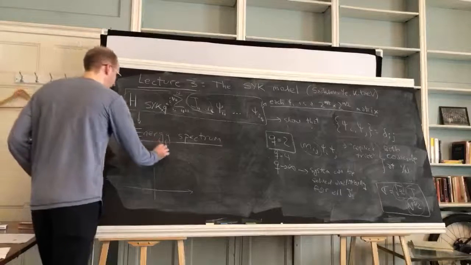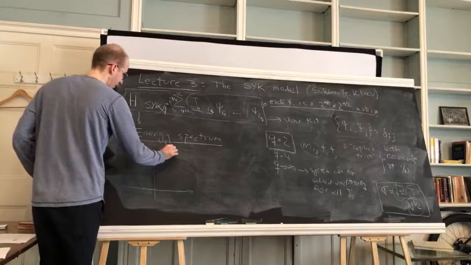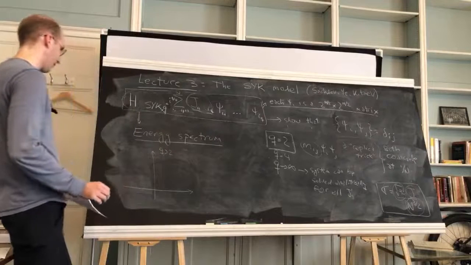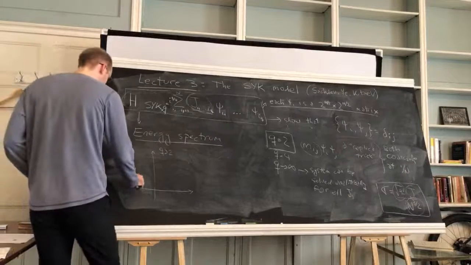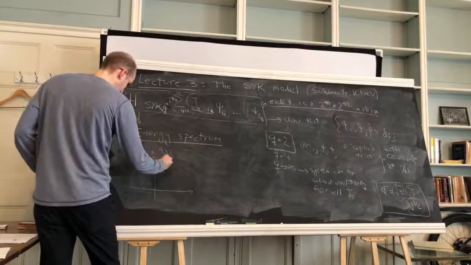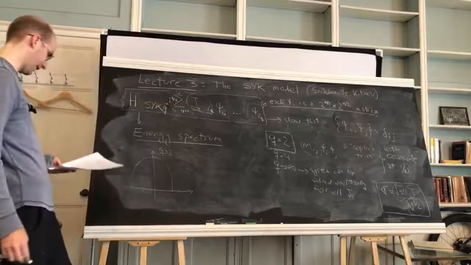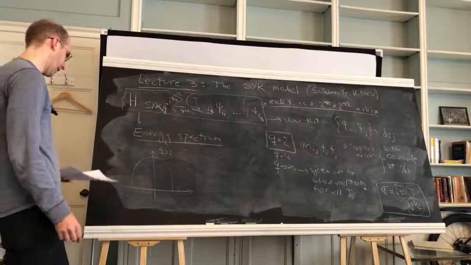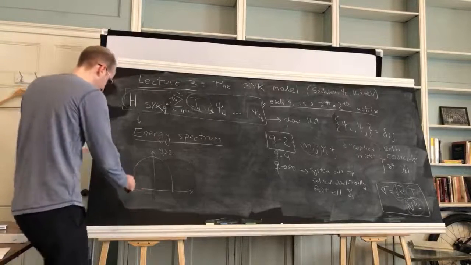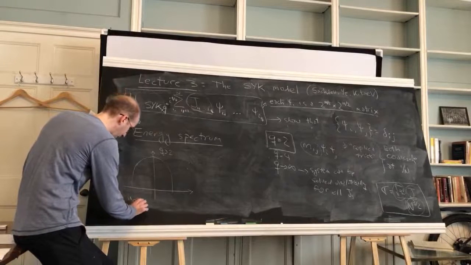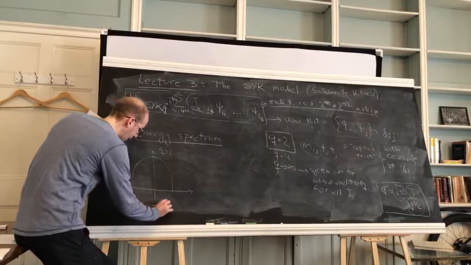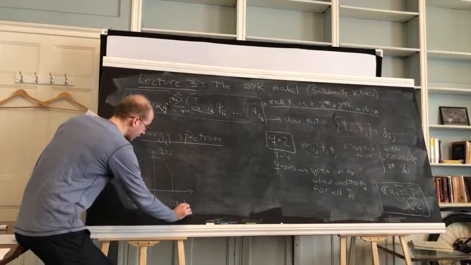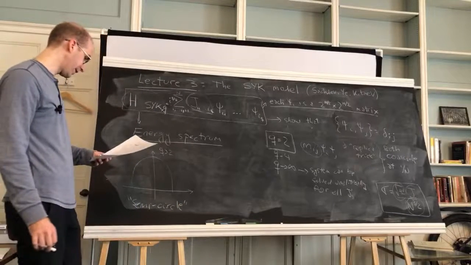So you do any Q greater than 2, and what you will get is an energy spectrum that looks more or less like this. So it's similar to a famous semicircle that appears in random theories.